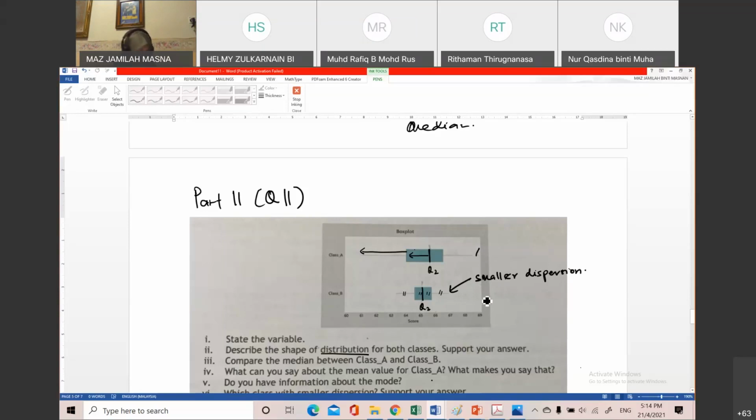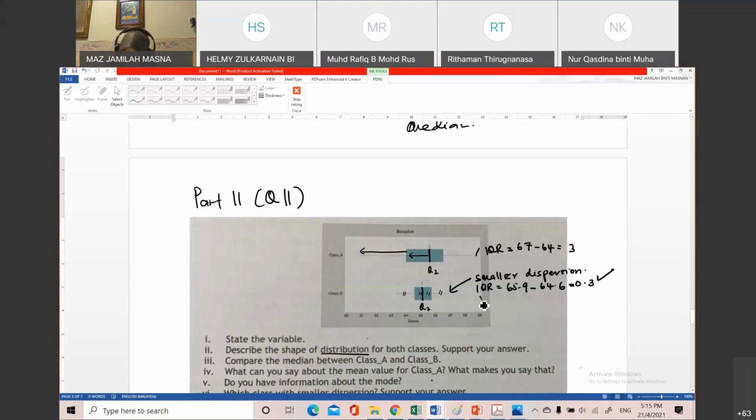If you are referring to your IQR, for class B it is 65.9 minus 64.6, which is 0.3. In here, IQR is equal to 67 minus 64, which is equal to 3. That is why class B has smaller dispersion.